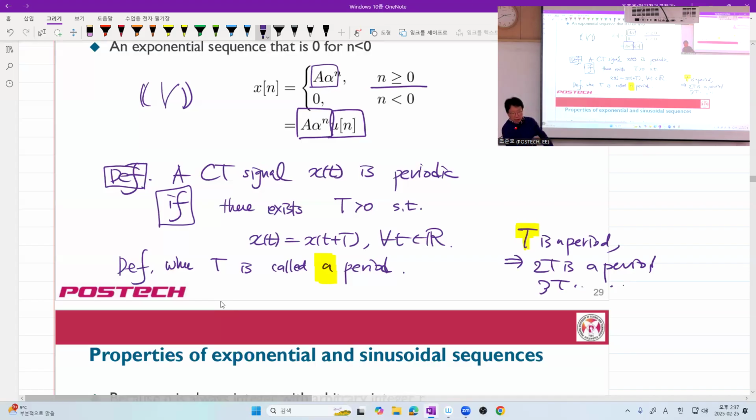Our definition also carefully states that a continuous time signal may not have a period. For example, if x of t equals t, is it periodic? No, you cannot find a positive real number that makes this property hold for all t. Got it?